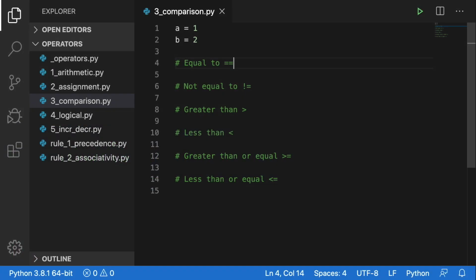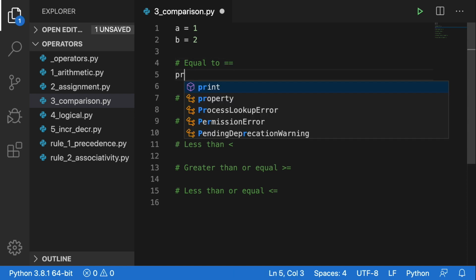A comparison operator is for comparing values. It either returns true or false, a boolean. As you can see, we have two variables here. A is 1, B is 2. And our first comparison operator is the equal to operator.